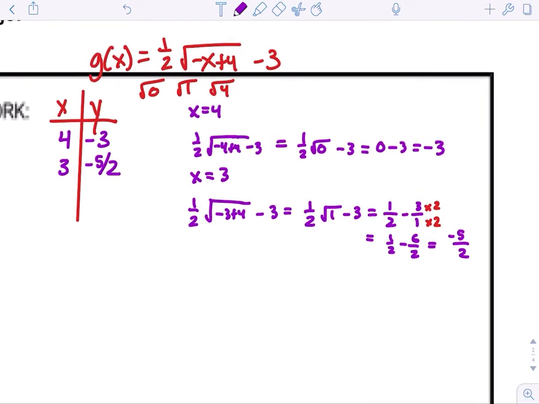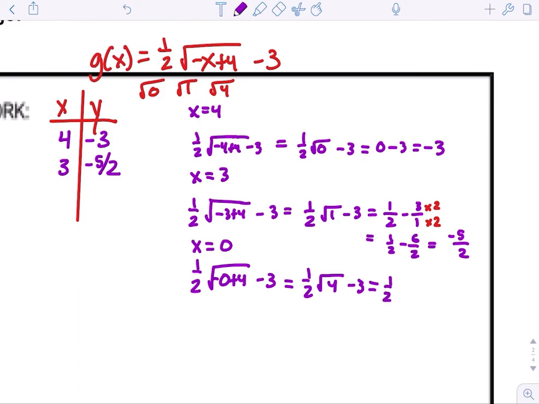Now lastly, what value of x will give us 4 on the inside of the square root? That would be when x is equal to 0. 1/2 square root of negative 0 plus 4, minus 3. That's simply 1/2 square root of 4, minus 3.